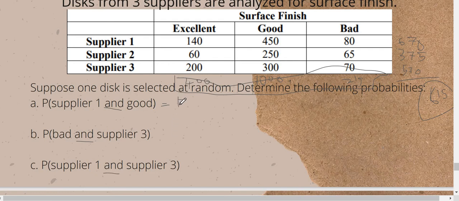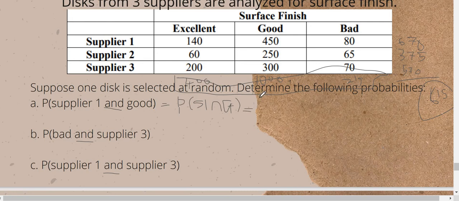Let's say I write down the probability of S1, supplier 1, and I denote "and" with the intersection symbol. Please remember, if you have the word "and", it means intersection. And I denote G as good. Alright, class, so find the probability of supplier 1 intersect good, or "and good".